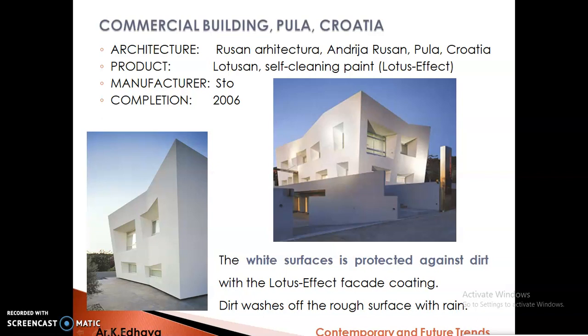It has a sculpted effect, and in this sculpted effect they used a pure white paint which again has the same Lotus effect coating on it. This is again to help in protecting the building's color from dirt.